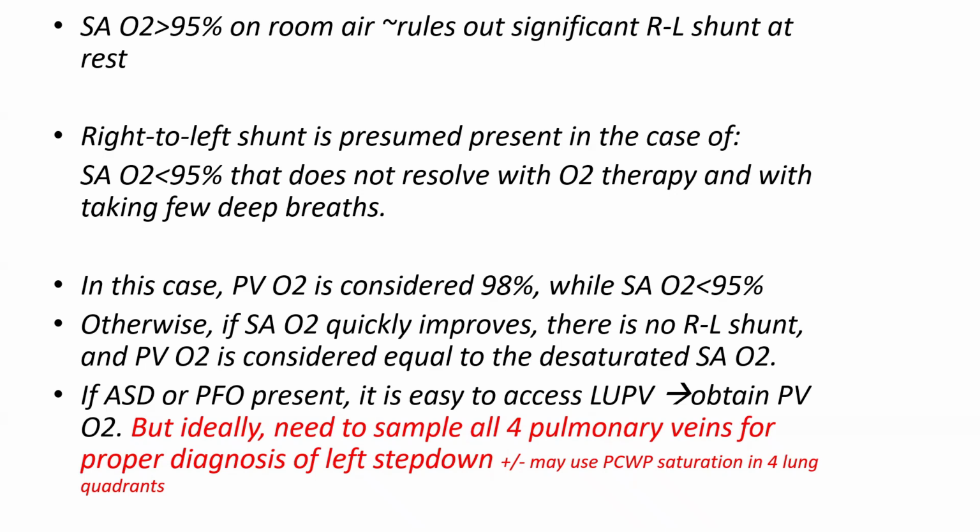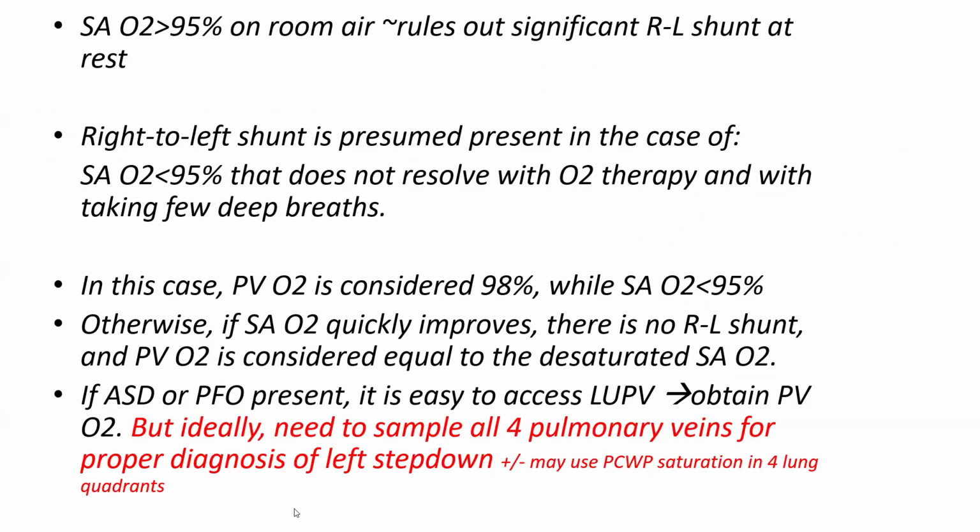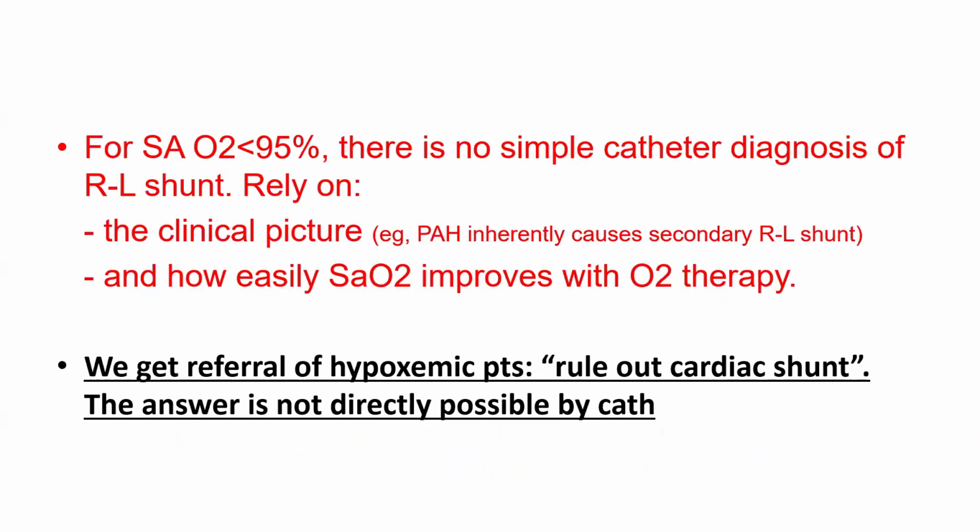So you wedge your catheter in all 4 pulmonary quadrants and you get 4 wedge sats and you average those. Again, the problem is that wedge sat is not a perfect correlate of pulmonary venous saturation because it depends how well you're wedging your catheter. So again, practically, it's very difficult to diagnose right to left shunt by catheterization.